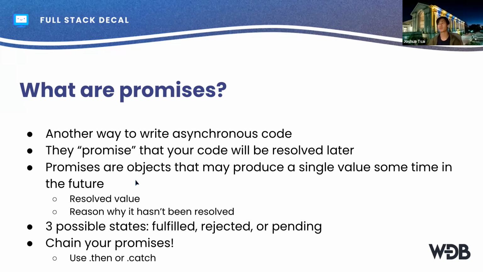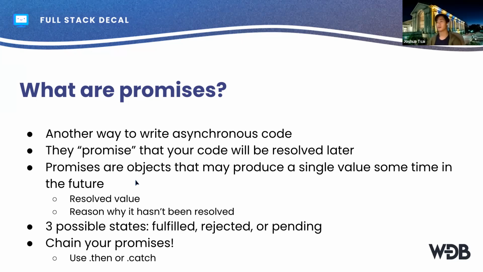And they basically just promise that your code will be resolved later. So essentially the same thing as callbacks. If you have some asynchronous line of code that you want to get back to later, these promises promise that they will notify your program when this asynchronous line of code has been resolved.